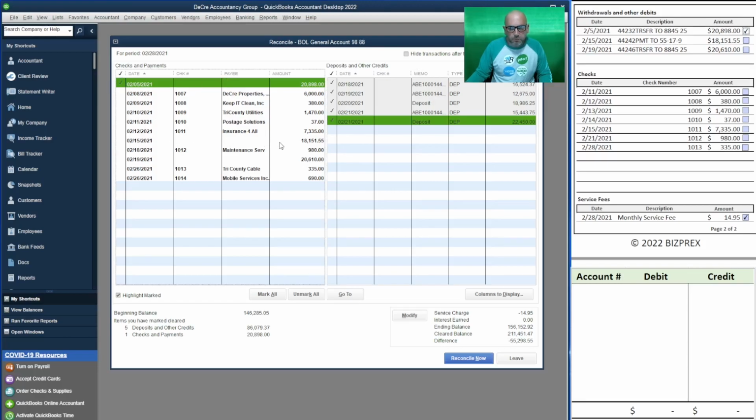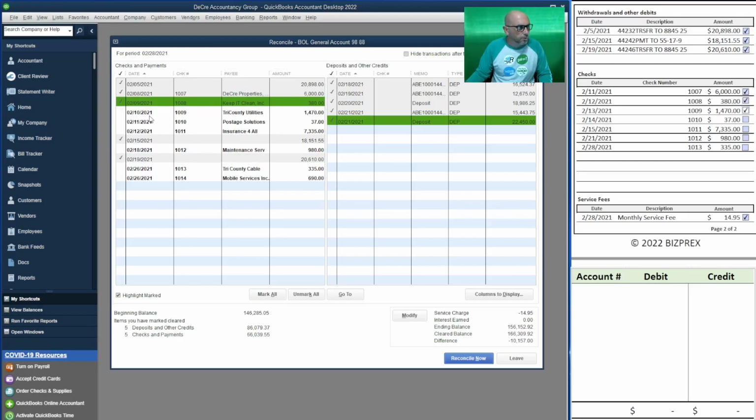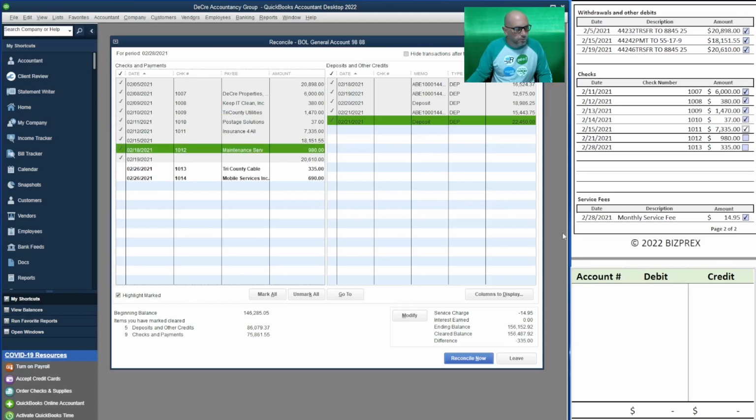All right, 18 right here. All right, and then this one, and then we have some checks. All right, our difference is 0, which means we've finished reconciliation.